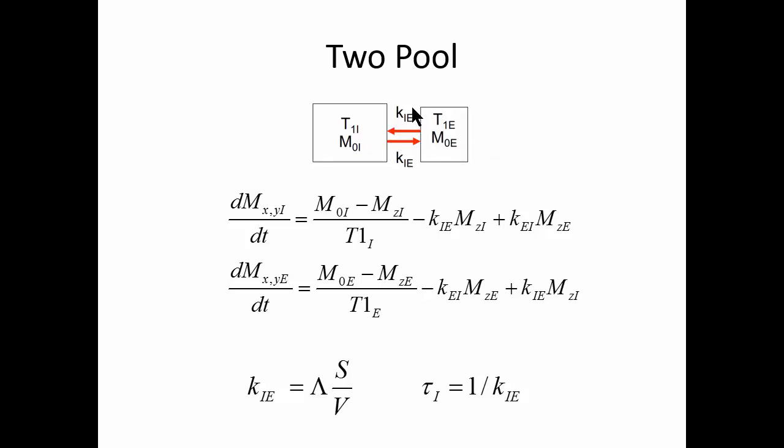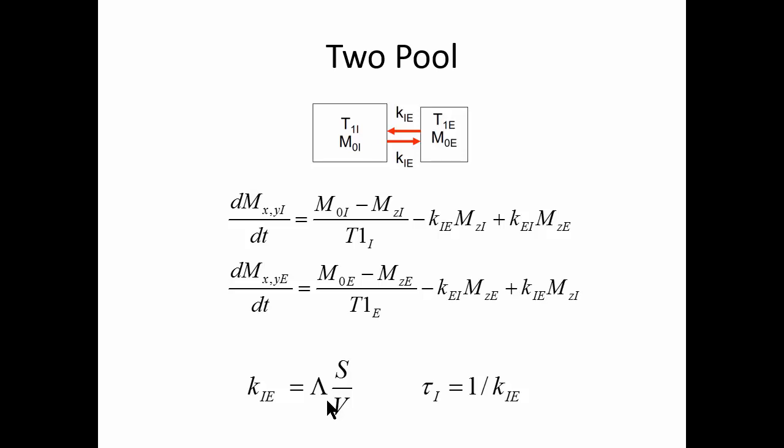And the exchange constant, which is the rate with which the magnetization exchanges between those two pools, has a very intuitive explanation. It is simply cell membrane permeability times surface to volume ratio, which basically means that surface to volume ratio is the most important part of those two.